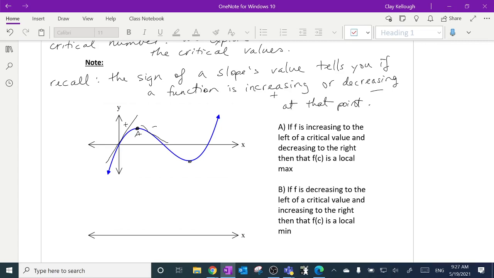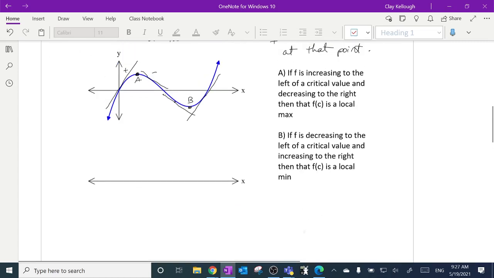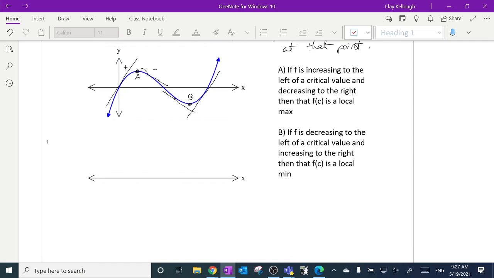But if you're at point B and you have a negative slope to the left, and you have a positive slope to the right, then for sure you have a local minimum.